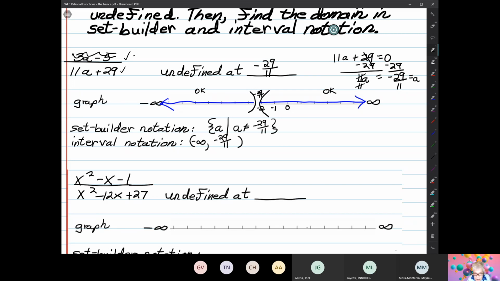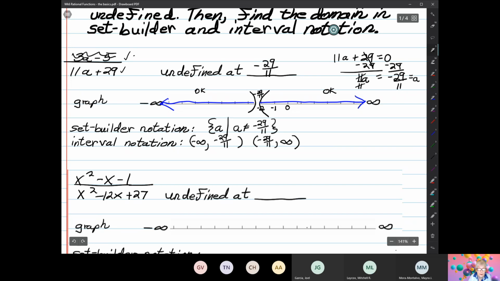And then over here, leave a space here. I have the right side of negative 29 over 11. Really close, but not equaling negative 29 over 11, all the way to positive infinity.